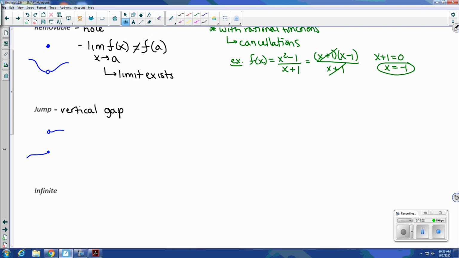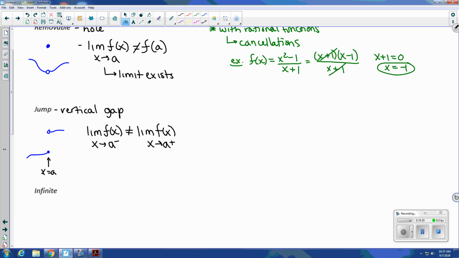We might say that the limit of f of x as x approaches, at point A, at x equals A, from the left just does not equal the limit of f of x as x approaches A from the right. That will be what we're looking for when we're trying to discover a jump discontinuity.